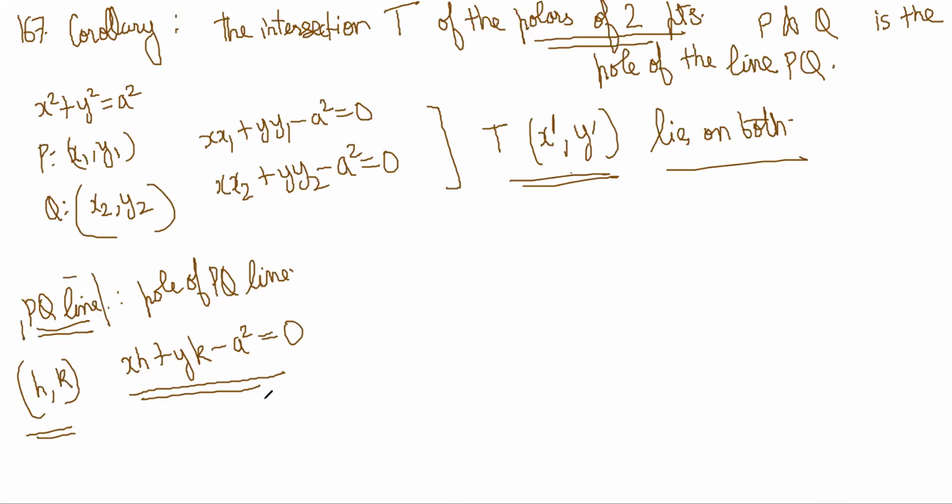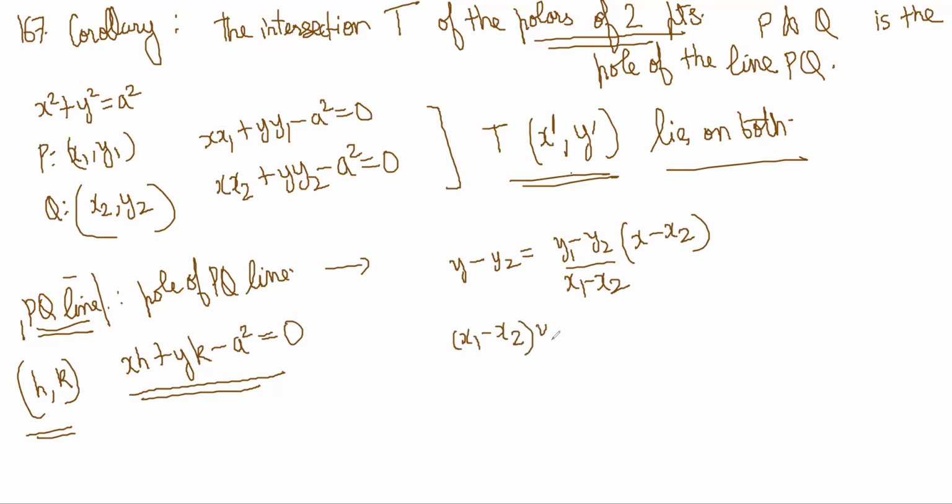So if I write the equation of the PQ line, it is y minus y2 is equal to (y1 minus y2) by (x1 minus x2) times (x minus x2). So this is basically (x1 minus x2)(y minus y2) is equal to (x minus x2)(y1 minus y2).